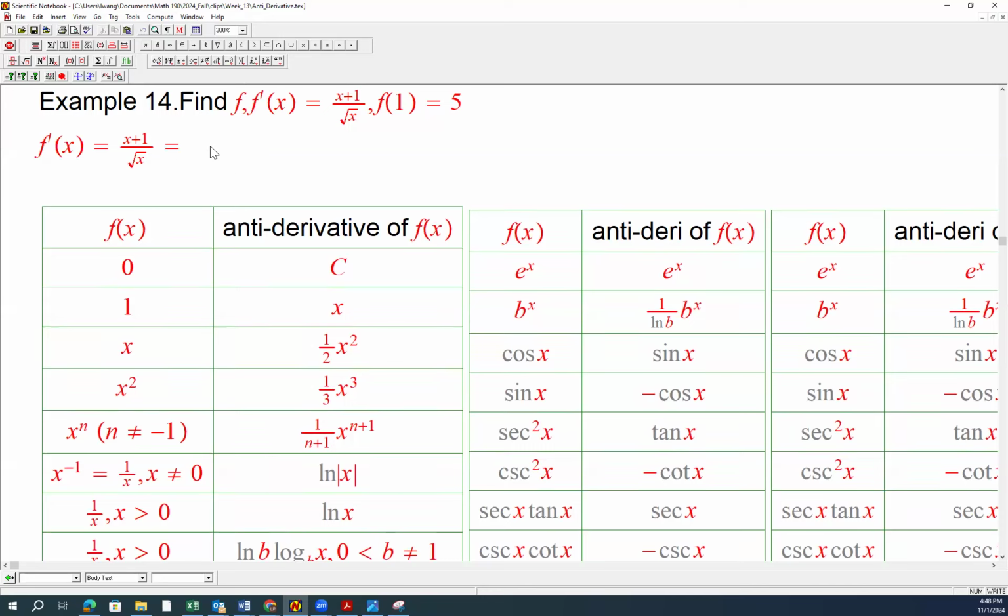We're going to turn this into adding or subtracting, which means that we're going to have x divided by root x, and then plus 1 over root x.